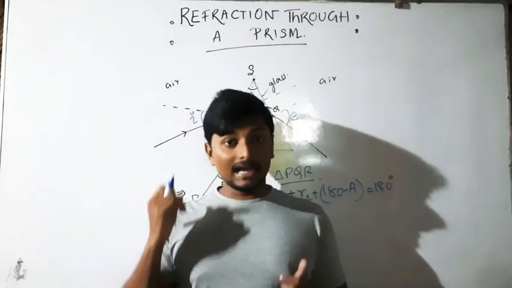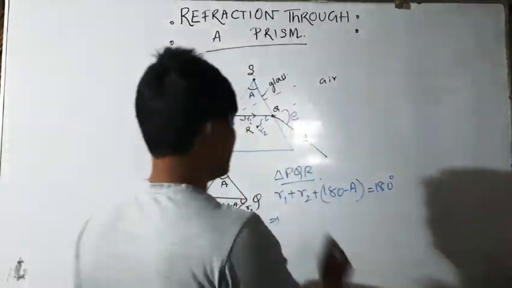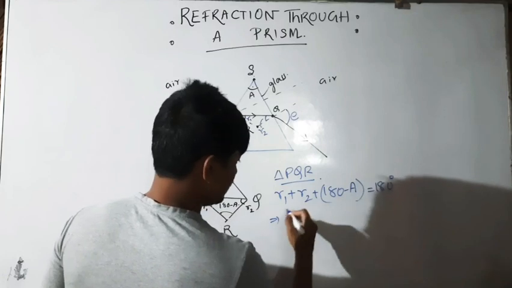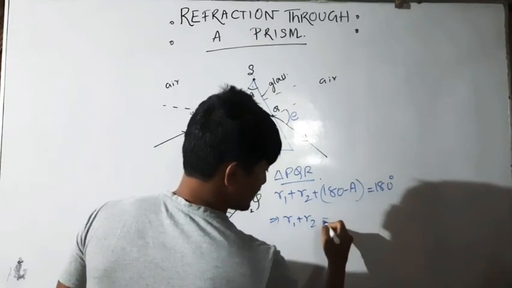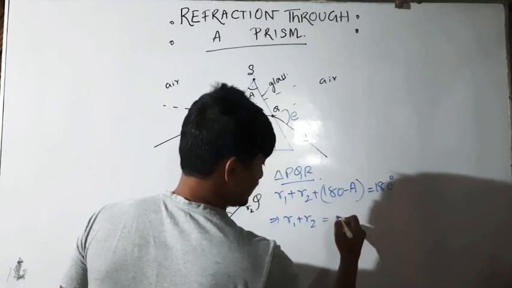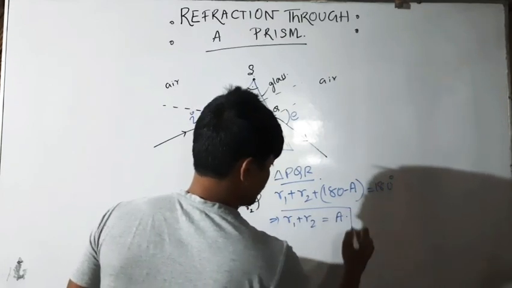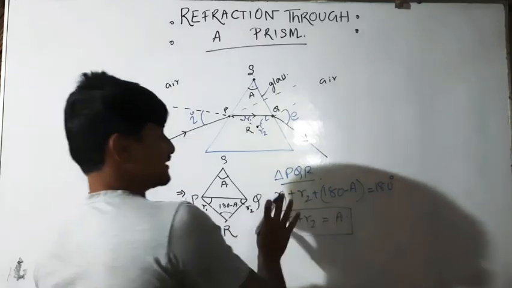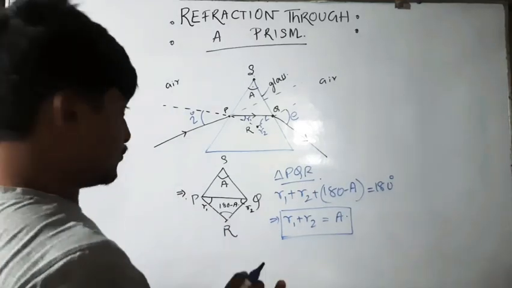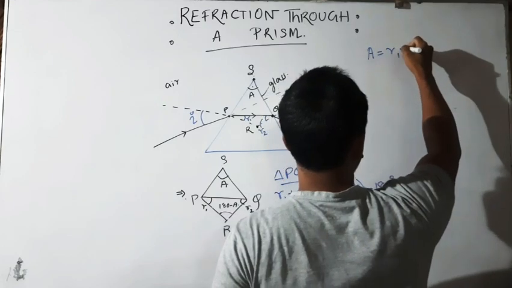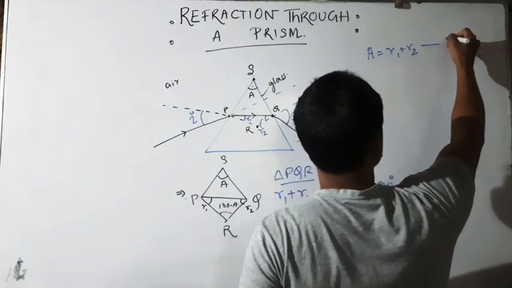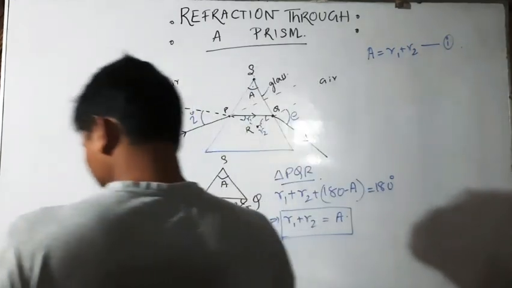This is the angle sum property. Okay, তো এখানের মধ্যে তুমি দেখো, if I take this part that side, কি হইব? 180 will be cut out and I'll get a formula here that angle of prism will be the sum of R1 and R2. Let me write this part separately. This already I got. Okay, this is your equation 1.